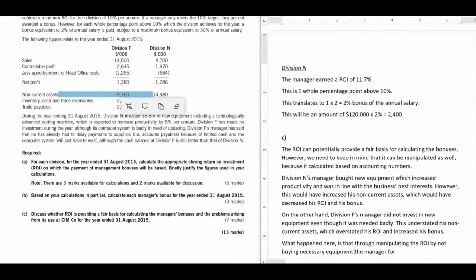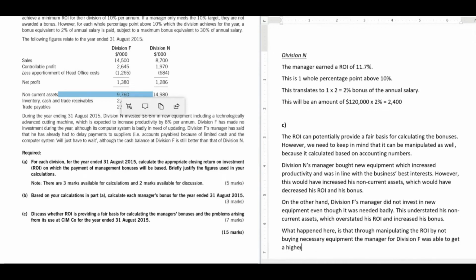Okay, so manipulating by the manager for Division F was able to get a higher bonus despite not working in the best interests of the company.